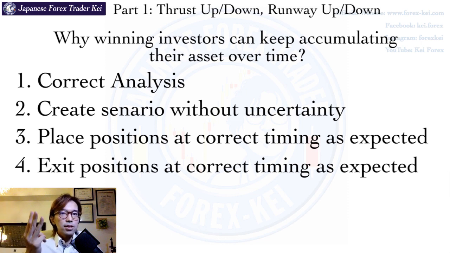And third, they place the positions with the correct timing as expected, and the lot sizing, the position sizing, is also based on the timing and the price actions on the market. And fourth, they exit their positions also at their expected timing, and the exit includes not only taking profit, but also cutting their loss. But they do so exactly when it's the right timing as they expected.